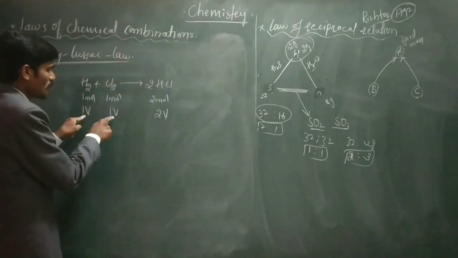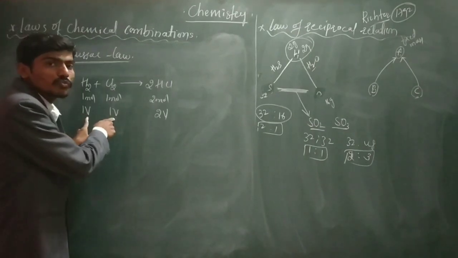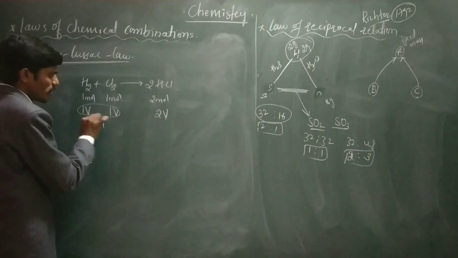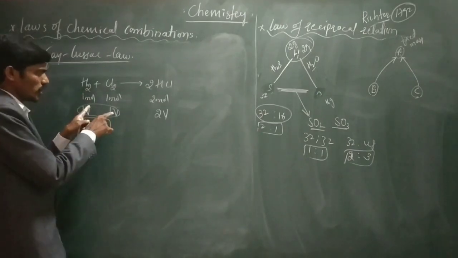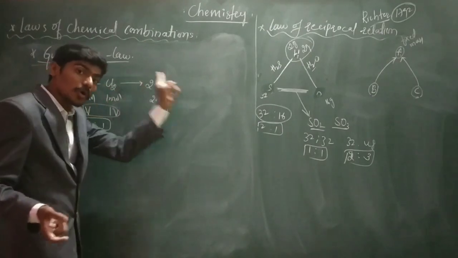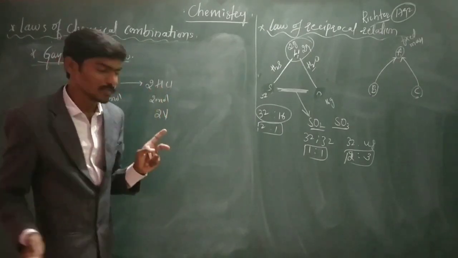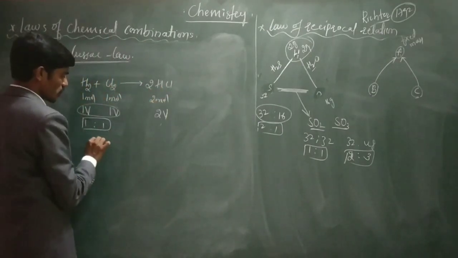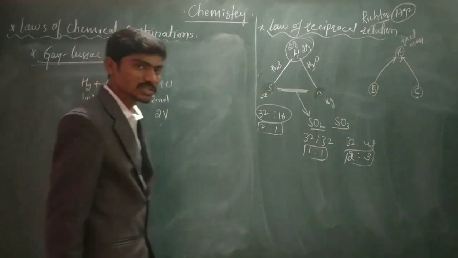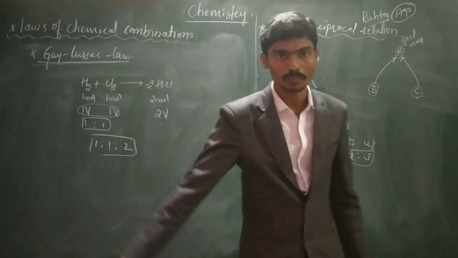They bear a simple whole number ratios with each other. इसका ratios देखिए क्या है? 1:1 ratio में combined हो रहे हैं. They do so in a simple whole number ratios with each other. As well as with the product also the ratio is very simple. यहाँ पर product का अगर consider किया तो 1:1:2 ratio में reactant and products are present.